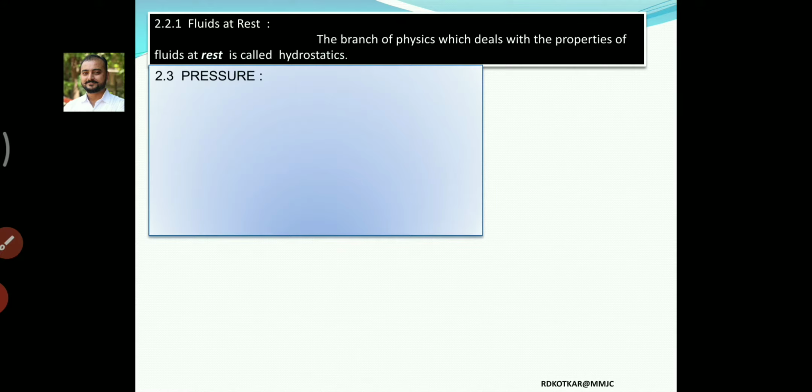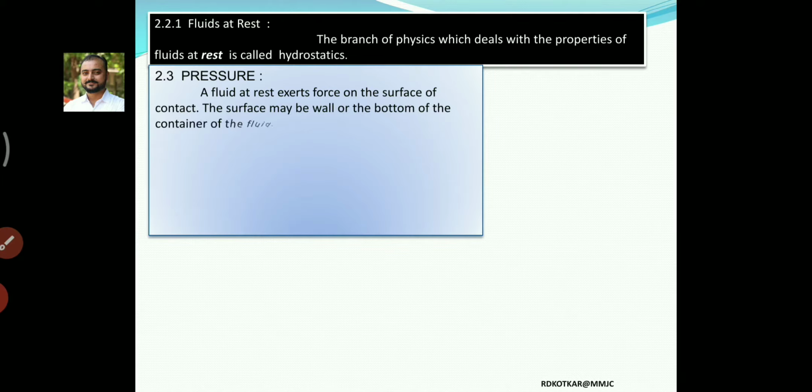In this case, we have to study the next point, that is pressure. So what is pressure? A fluid at rest exerts force on the surface of contact. The surface may be the wall or the bottom of the container of the fluid.